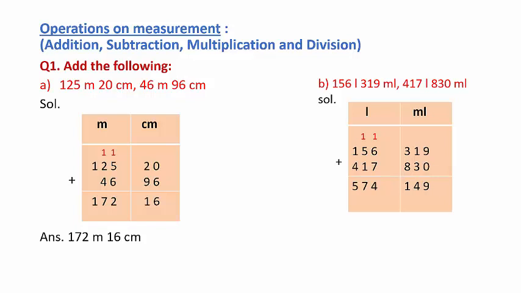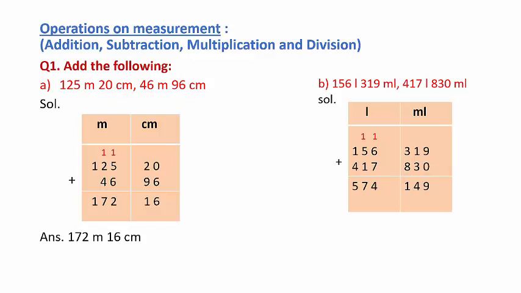Now that 1000 milliliter we have taken as 1 liter and taken carry to the liter column, which I have written with the red color in the ones place. So now adding liter column, 1 plus 6 plus 7 will give you 14, 4 is written down and 1 is taken carry.